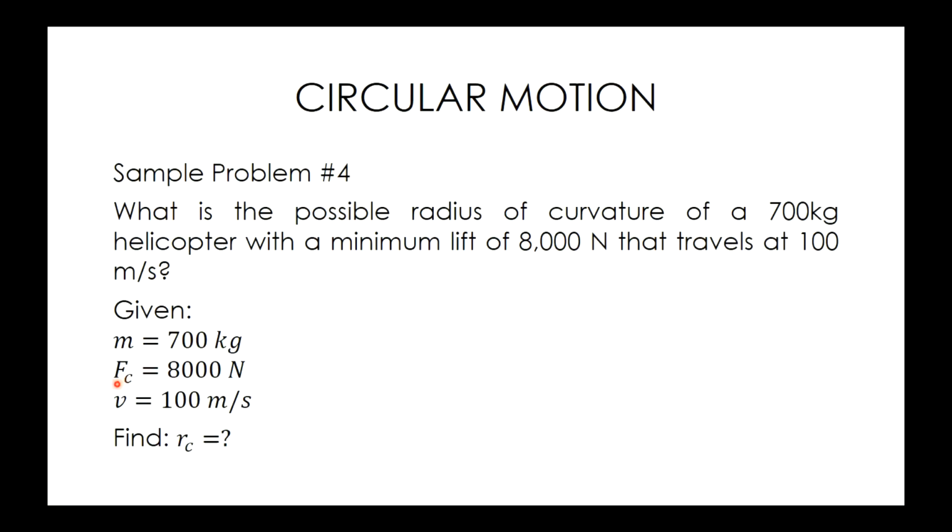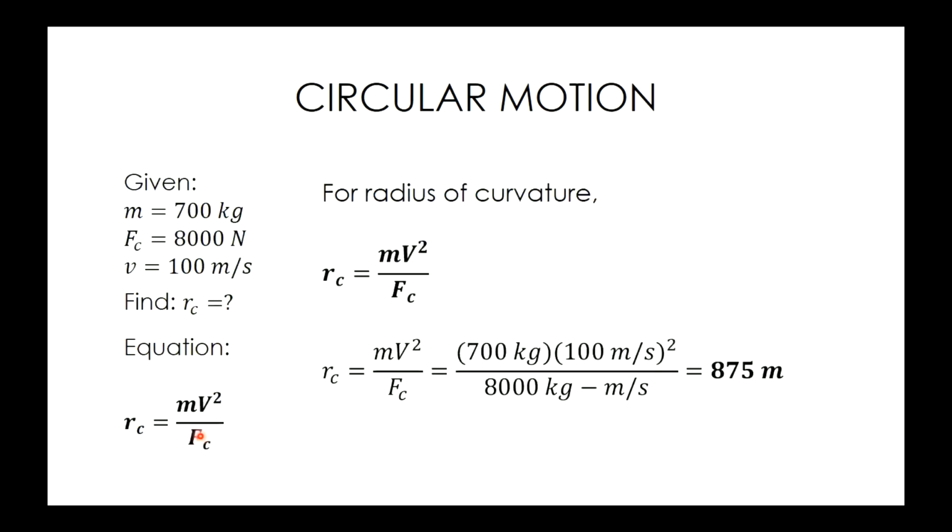Meron siyang force na 8,000 Newton and velocity na 100 meters per second. So sinasabi, ano yung radius ng kurbada ng helicopter kung yung force niya upon travel dun sa circular path ay 8,000 Newton. Then mabilis siya, 100 meters per second. So we are going to find out the radius of curvature.